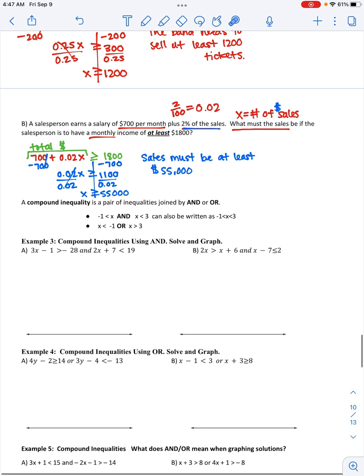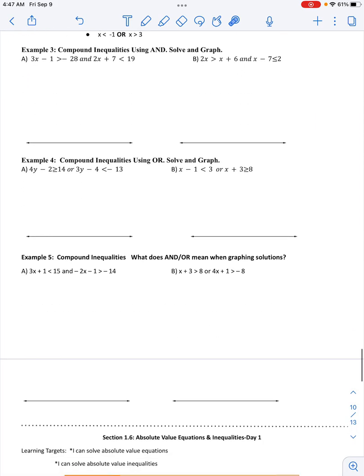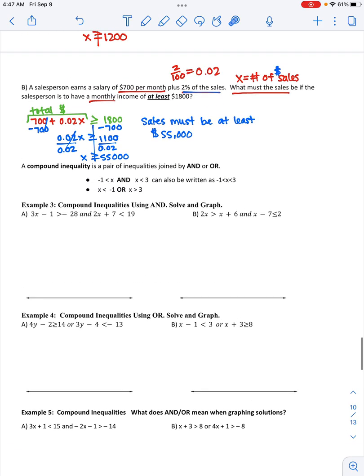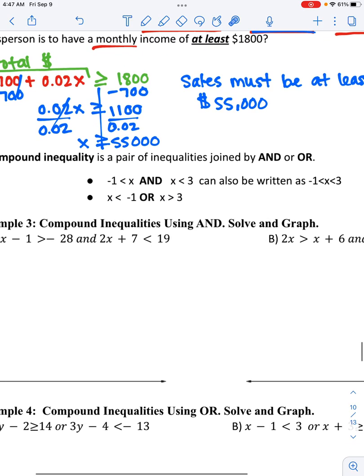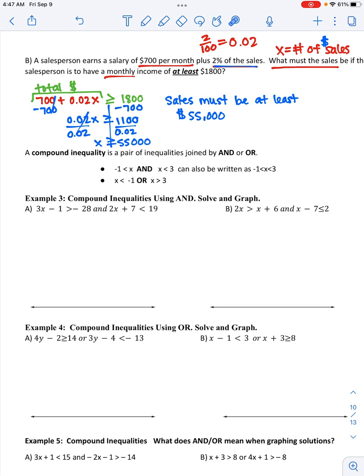All right, and then compound inequalities. If we have a pair of inequalities joined by either the statement and or or, if it's an and, we can rewrite it as a compound, so put them together in one statement, and then with or they'd be going in separate directions, and the graphs will help us visualize that.